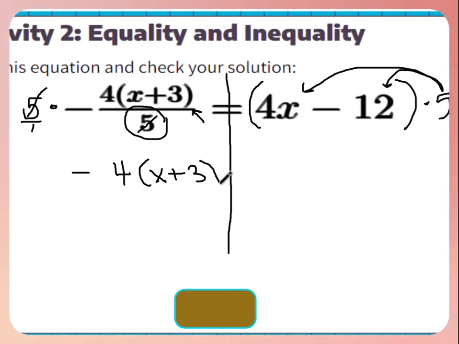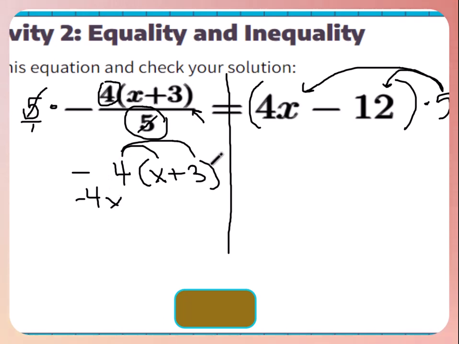Now that negative was kind of in the middle, but when we got rid of that denominator, it's going to be with the 4. So it's going to be negative 4. So we're distributing a negative 4 into both terms. Let's go ahead and do that multiplication. Negative 4 times x is negative 4x.